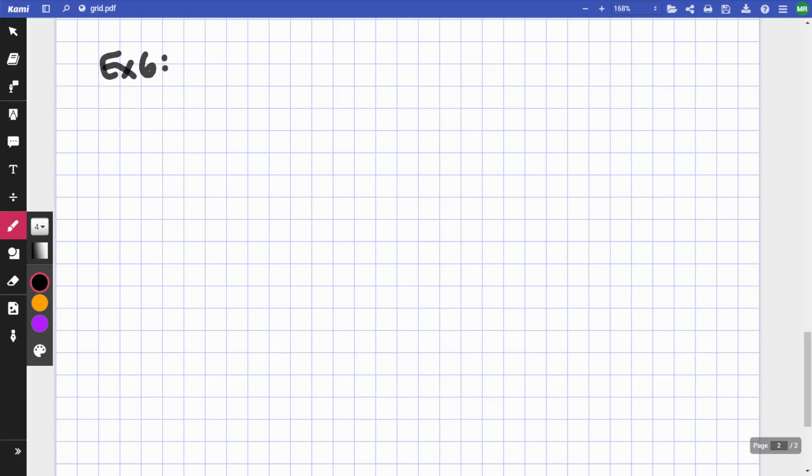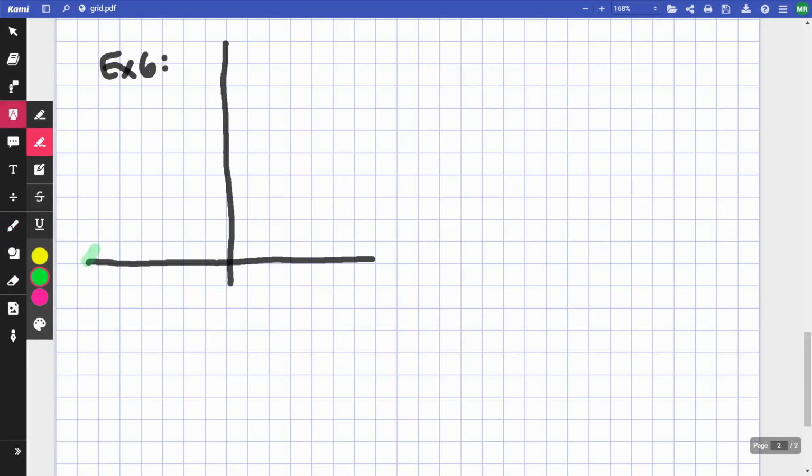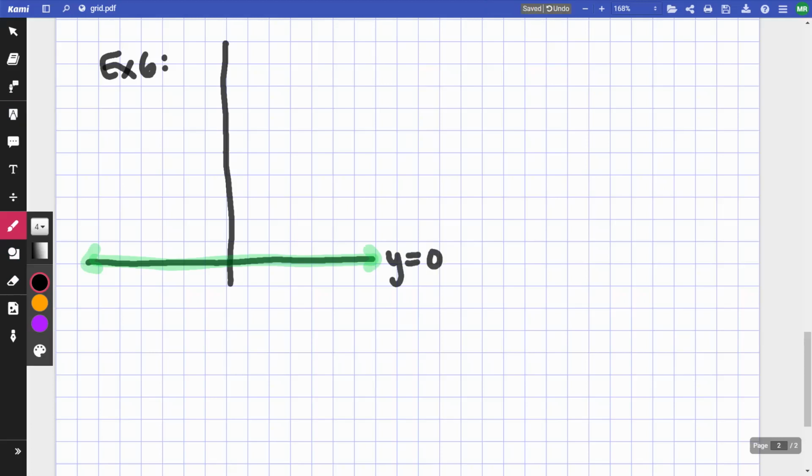And for this one, this is going to be a rough sketch. I'm really not going to use the graph paper, because these points are going to be really big. So I still have my asymptote at y equals 0. I'm going to put in some points. Ignore the y axis. So I'm going to have a point at 0, 64.